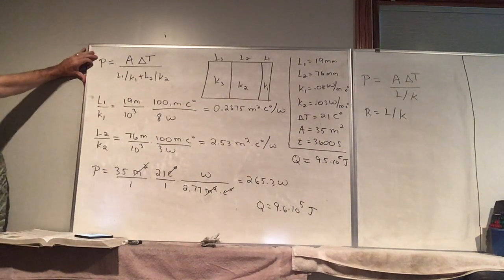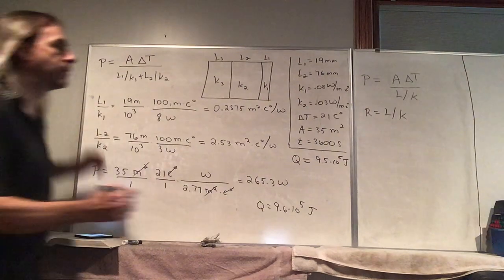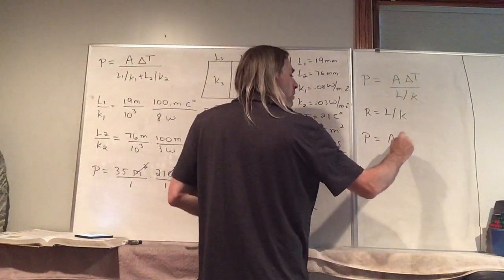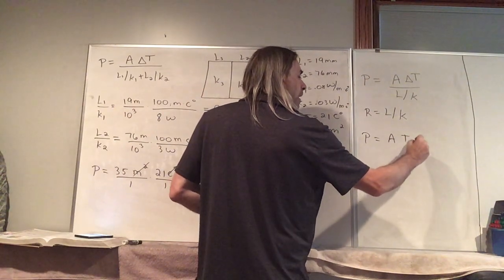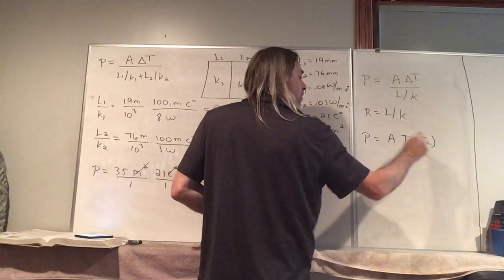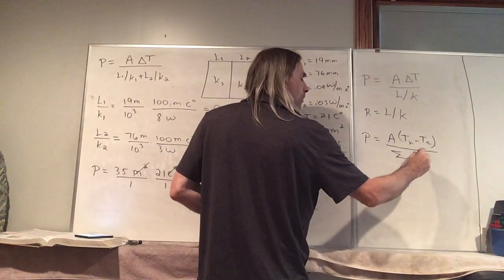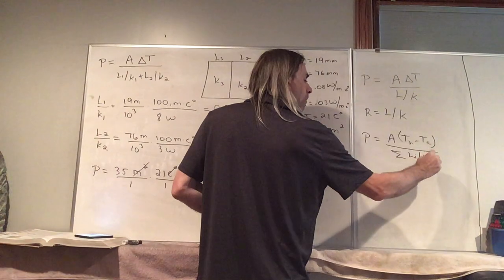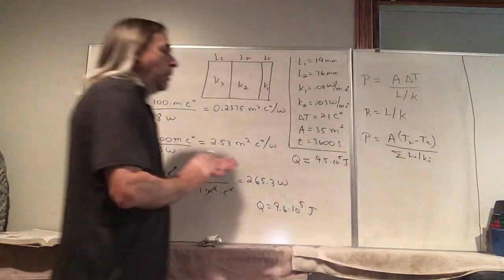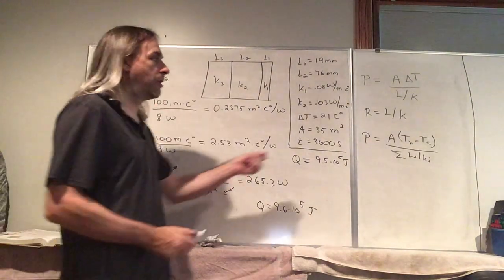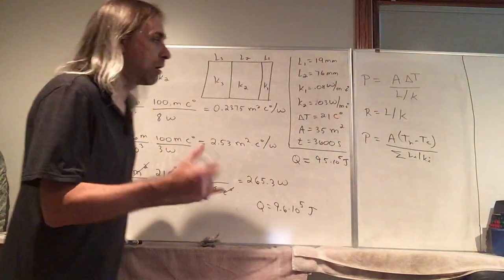It was bad enough with 2. But the general formula for the power, we have A times, I'll write it how it is in the book, TH minus TC in the bottom, instead of, if you just have one material, the bottom is just L over K, or R if you like.